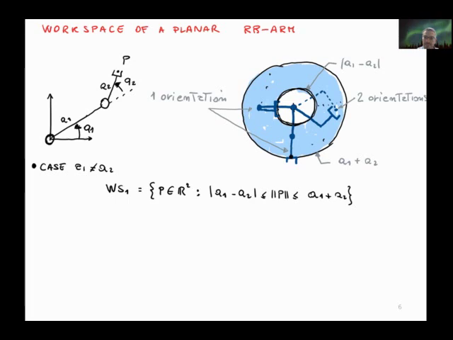And so to define the reachable workspace mathematically, with an analytic expression, these are the set of the points in the 2D plane for which the norm is between the absolute value of the difference of the link lengths and the sum of the link lengths.